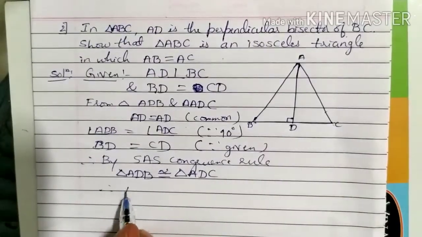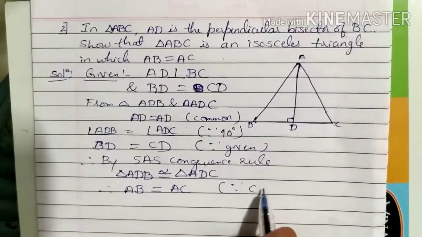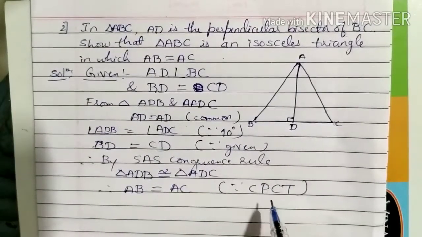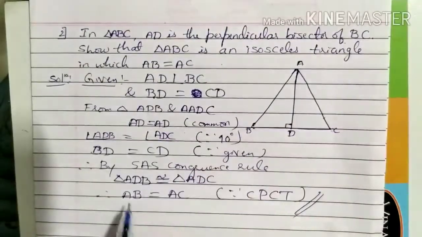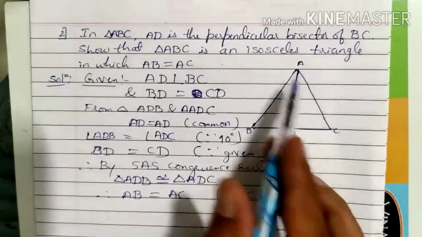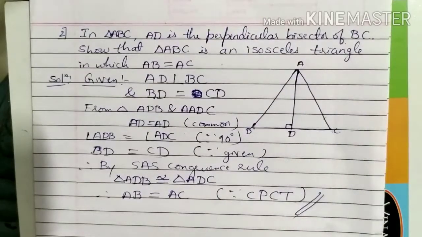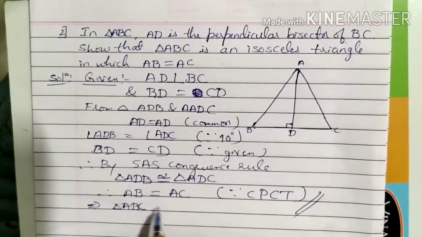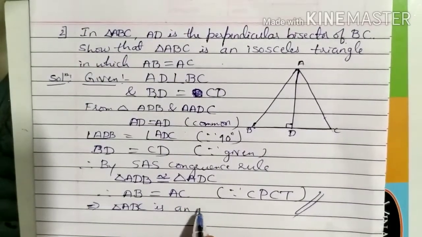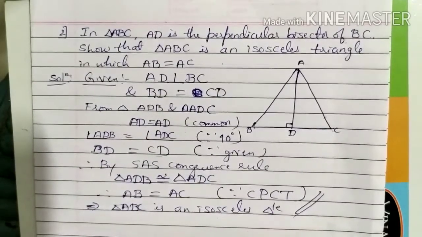AB equal to AC means, considering triangle ABC, it will be an isosceles triangle, which implies triangle ABC is an isosceles triangle.